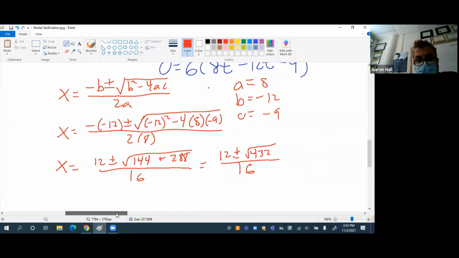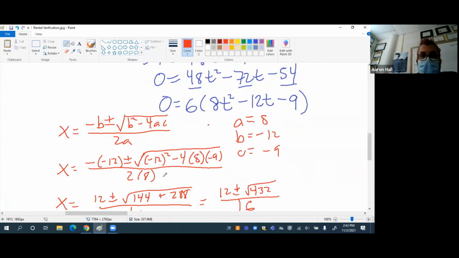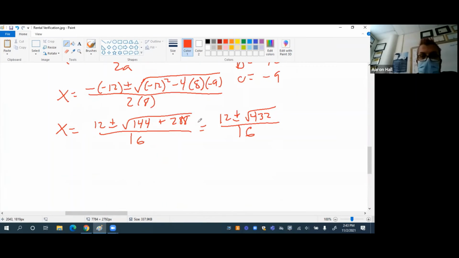So I'm getting, it wasn't really x, it was t, right? I'm getting that our time is 2.049 seconds and negative 0.549 seconds.